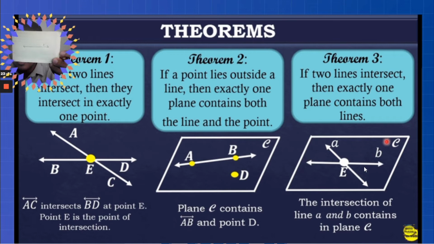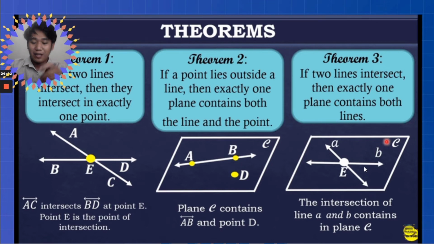Can you see it? Line B and line A. Will they intersect? Is there a chance that these two will intersect? Class, there's no chance that they will intersect. Why? Because they are not lying on the same plane.